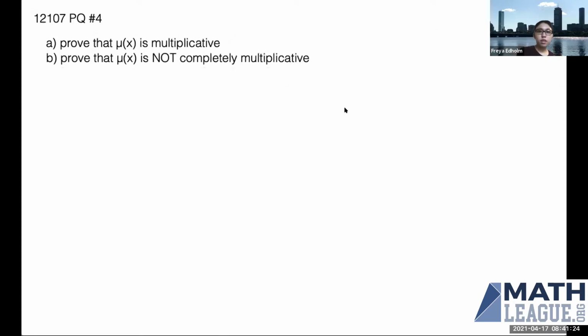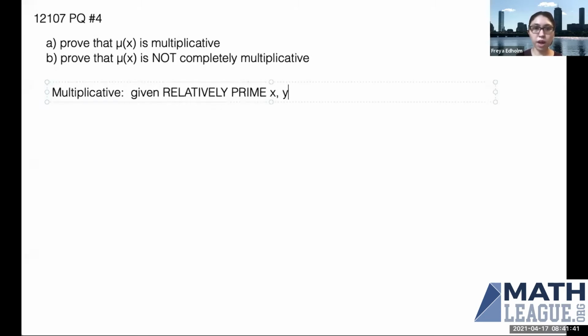All right, so first off, let's talk about what these terms mean. Multiplicative means that, okay, let's write this down. We're given relatively prime x and y, and we have mu of xy equals mu of x times mu of y.